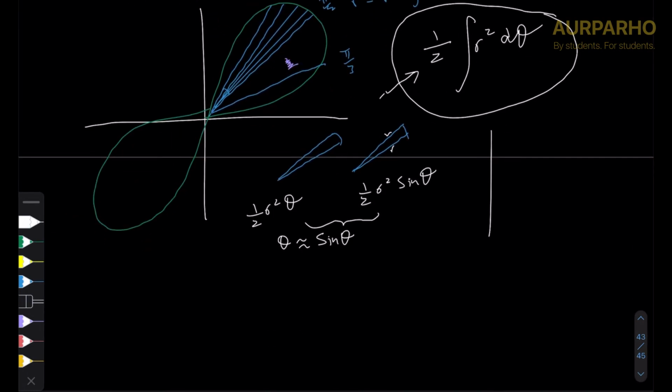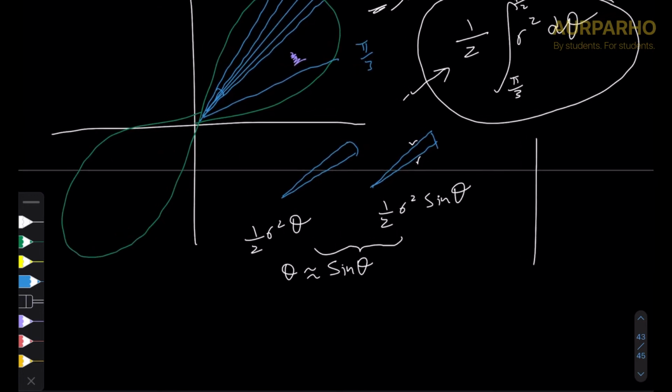So if I had to integrate this, what I would do is take the integral from pi over 3 to pi over 2. What the integral from pi over 3 to pi over 2 basically means is that I chop all of this into smaller and smaller sections till pi over 3, right? And I do the same till pi over 2.